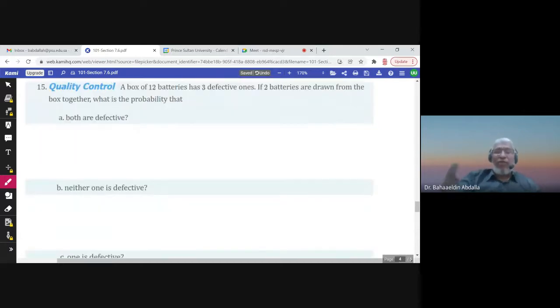A box of 12 batteries has 3 defective ones. So 12 batteries, 9 are good and 3 are defective. If 2 batteries are drawn from the box together, so we will select 2 out of the 12, what's the probability that both are defective?